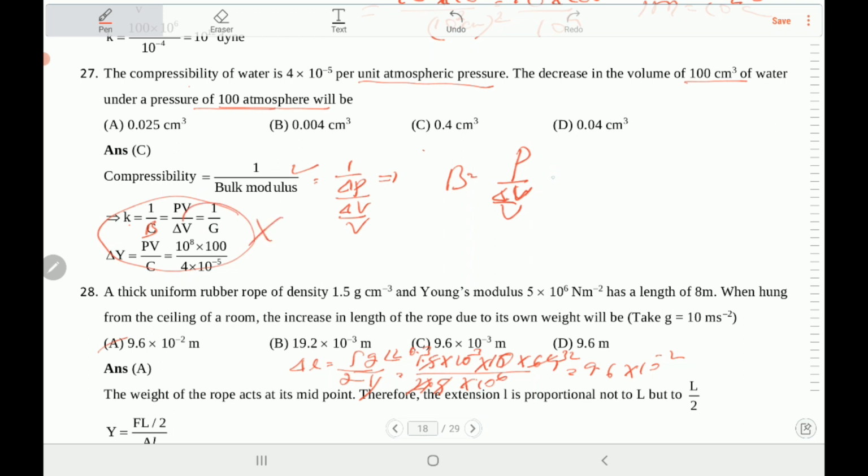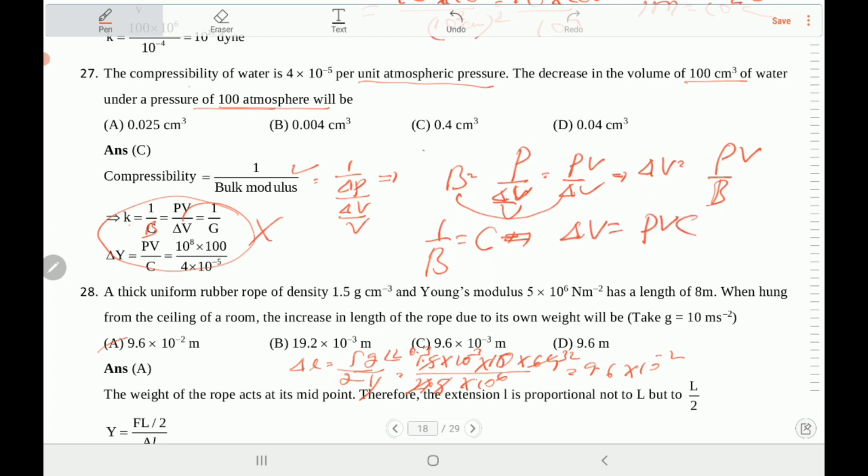We'll see that now. You solve this way, PV divided by delta V, right? You transfer delta V to the left side. That's what you have to find here. Delta V is PV divided by B. But 1 by B, the reciprocal of bulk modulus, is C, compressibility. That's why delta V equals PV into C, where C is compressibility.